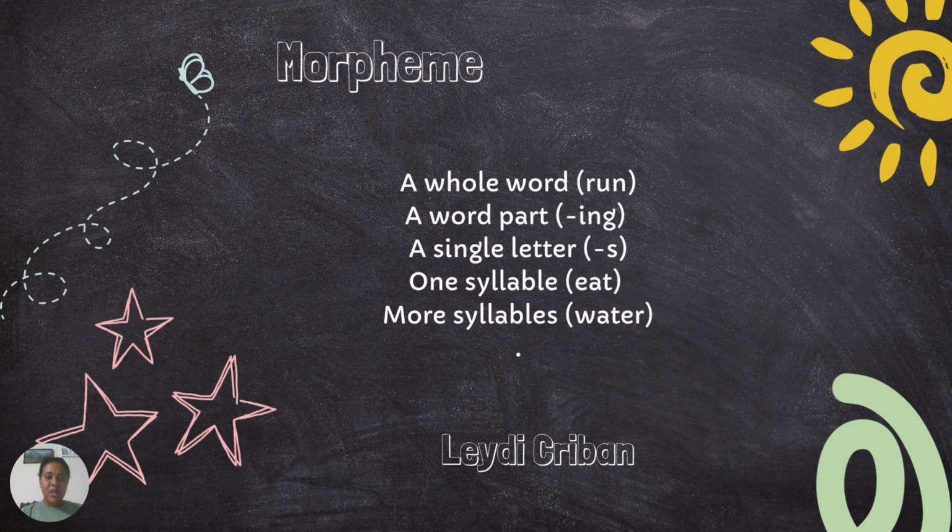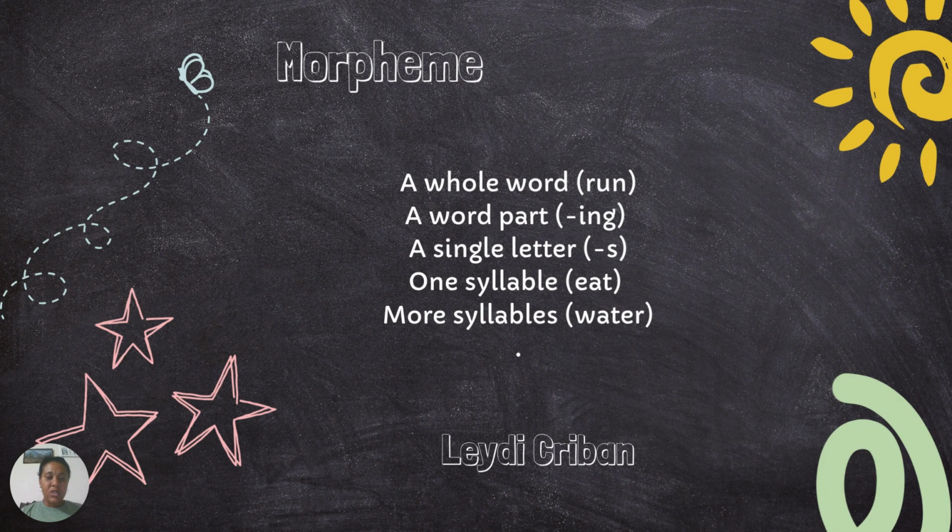Now let's talk about morphemes. A morpheme is the smallest unit of meaning, and it could be a word, for example, the word run. This is a whole word, but we can also have a morpheme in the words that end in ing, because a morpheme can also be a part of a word.